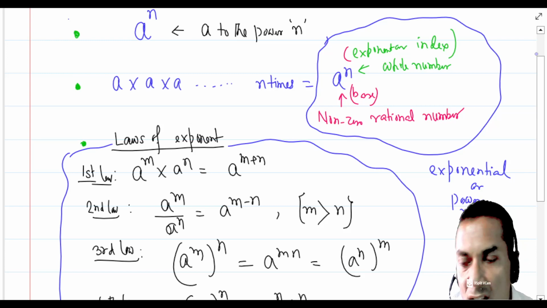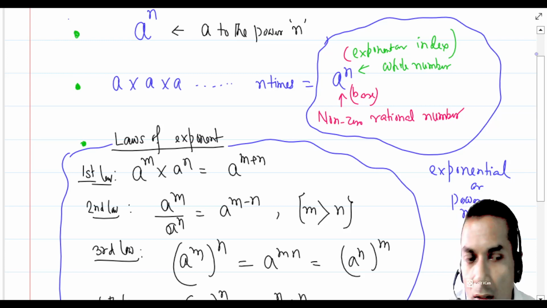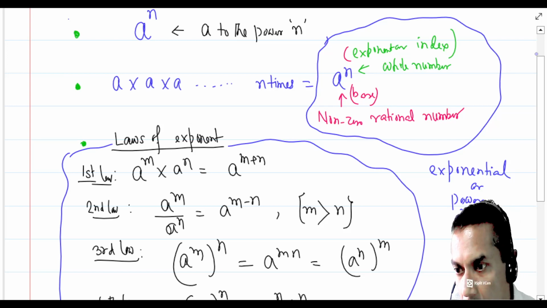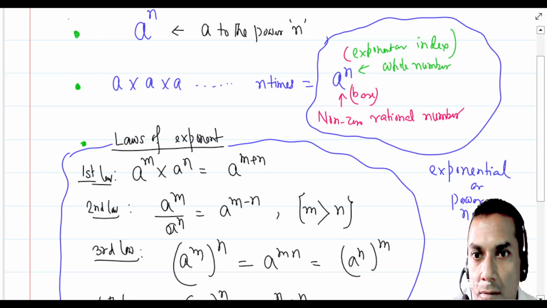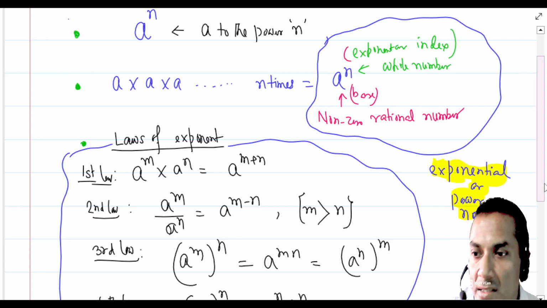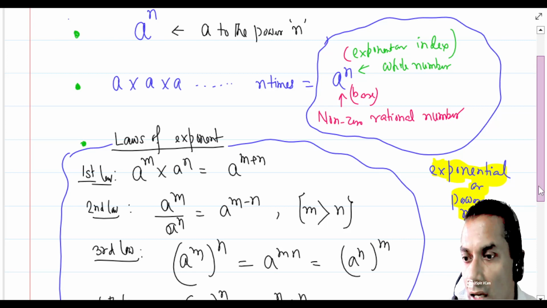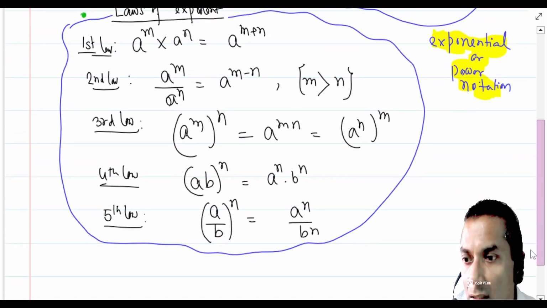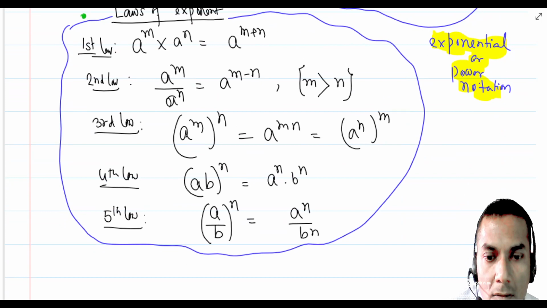What is notation? It means symbol, how it is represented. Clear? So about the exponent or power, hope the basic things have been clear to everyone.